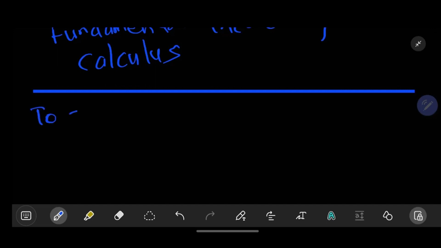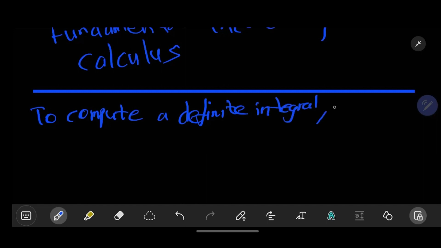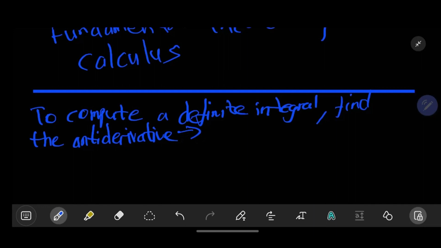It says that to compute a definite integral, we need to find the antiderivative, which, as you know, is called the indefinite integral.